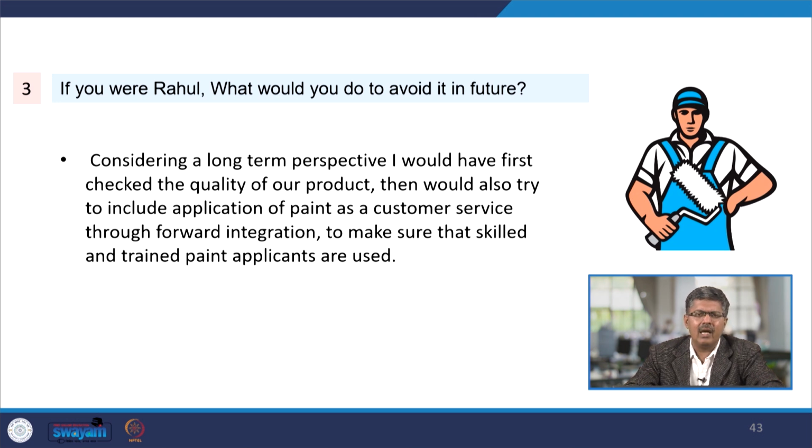So, instead of that, maybe we can bring in that as a part of our customer service, maybe through some forward integration, to make sure that skilled and trained paint applicants are used, right. So, by using this kind of small initiatives, such kind of problems can be handled better. They may not be eradicated, but they can be handled better. Okay.